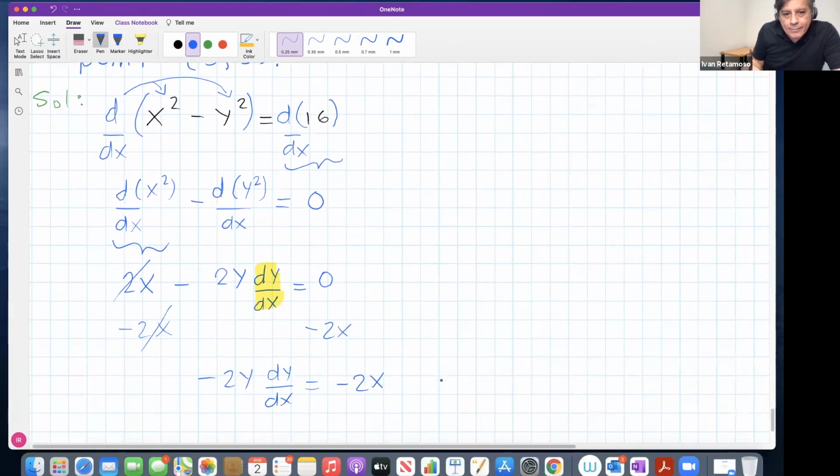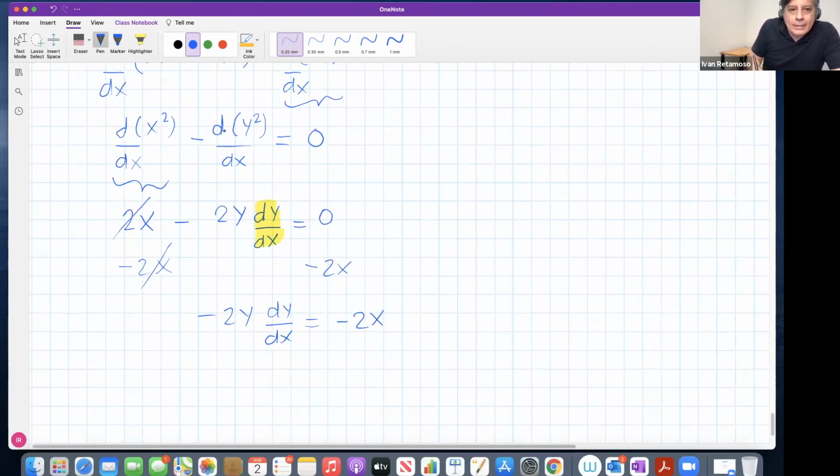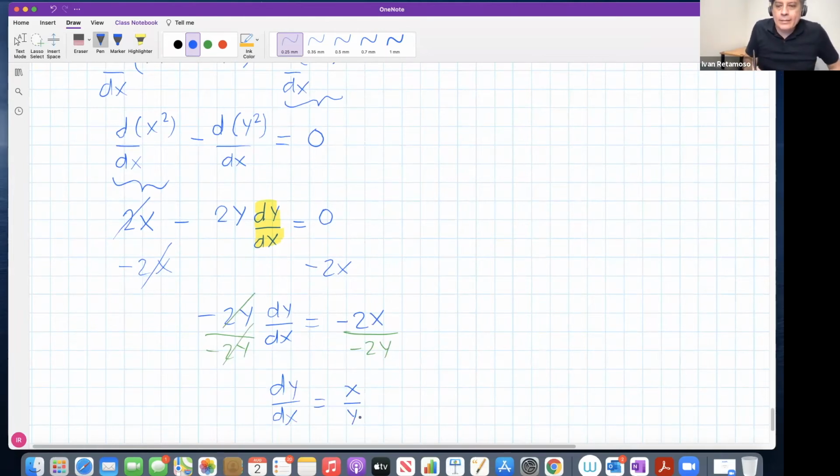And dividing both sides of this equation by whatever I have in front of dy/dx, in this case minus 2y, I get to isolate my dy/dx. Turns out it's just x over y. Negative and negative is positive, 2 divided by 2 is 1. This is it.